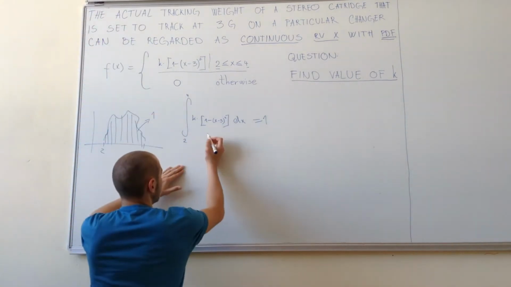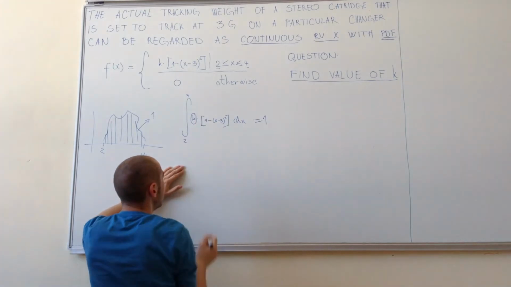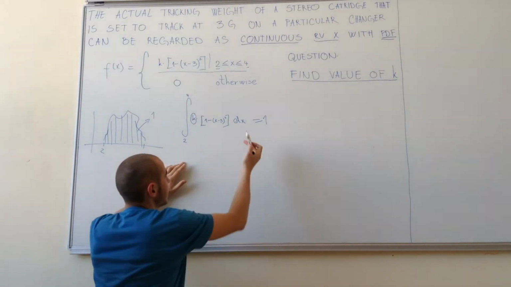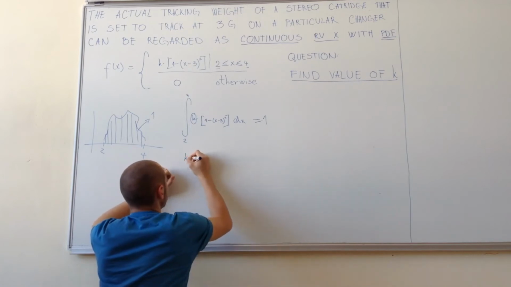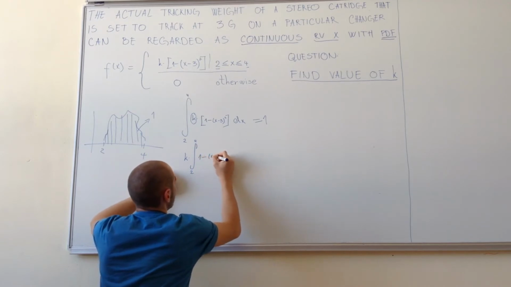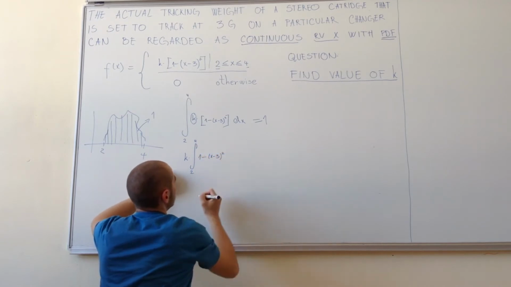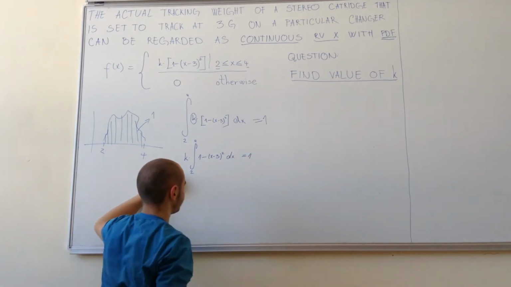So, the first step, we see that this is k here, and it is some constant, and it is not dependent on this x. So it means we can move it in front of the integral from 2 to 4. And here we will now have 1 minus (x minus 3) squared dx. All this is still equal to 1.